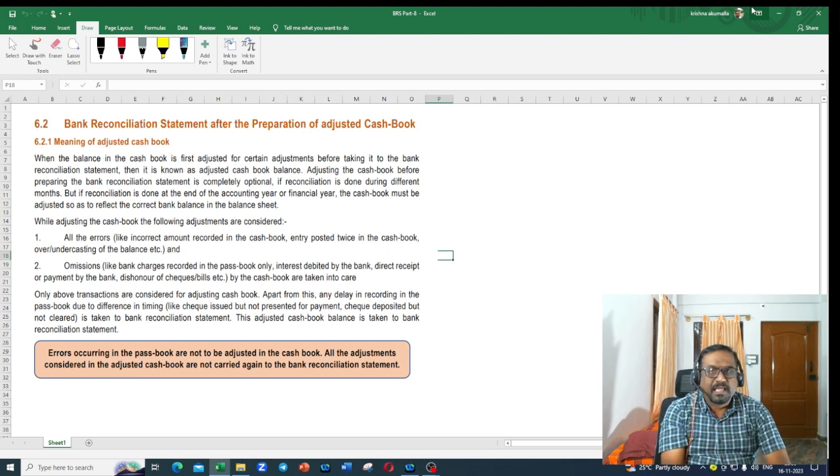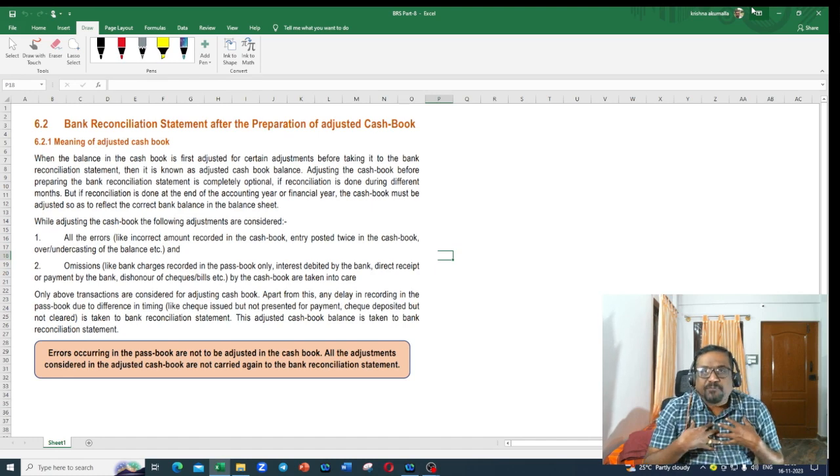That is one. After that, you also see the errors that happened on the passbook side. Am I right or wrong? You can't rectify passbook errors because the passbook is maintained by your banker. So you need to go to the bank and tell them, boss, these are the differences I identified between cash book and passbook.